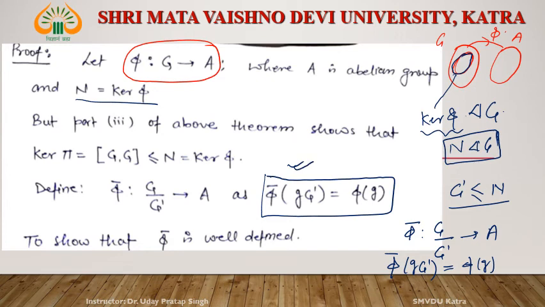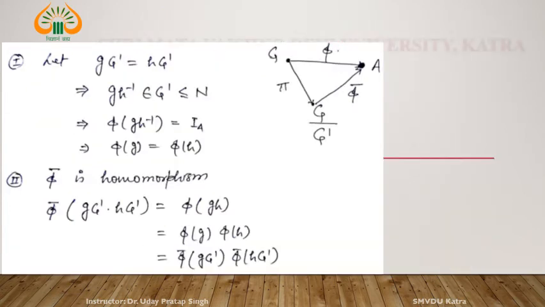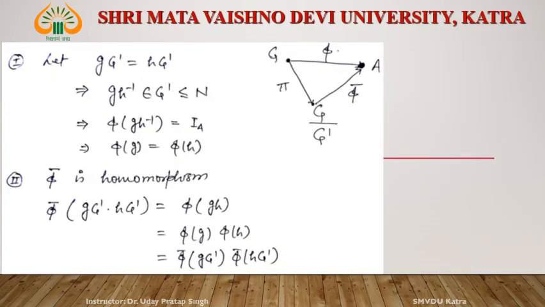Then we have to prove that this phi bar is well defined and is a homomorphism. Okay, let us see. Consider two elements are equal: small g G prime equal to h G prime. Then this is equal to g h inverse belongs to G prime, right?